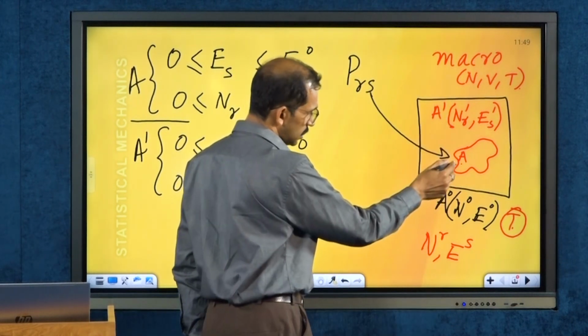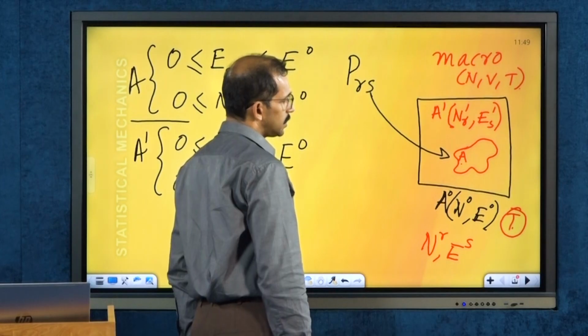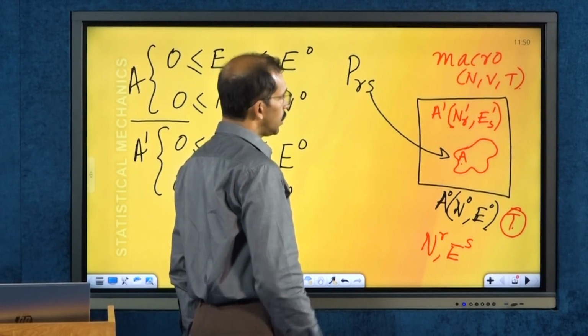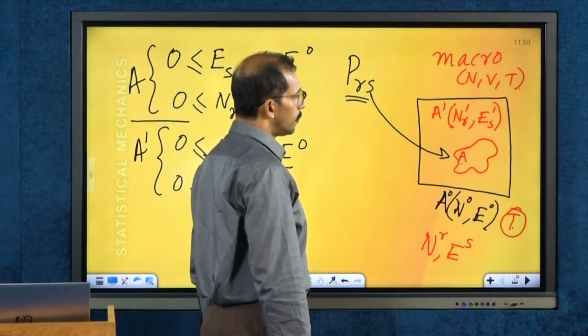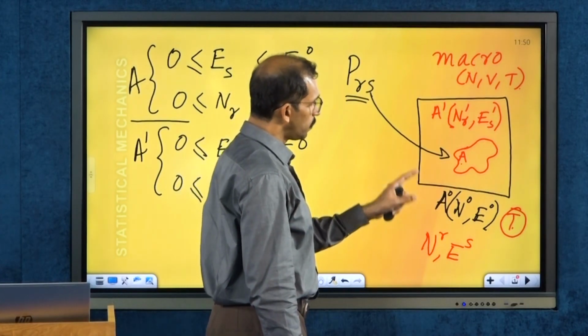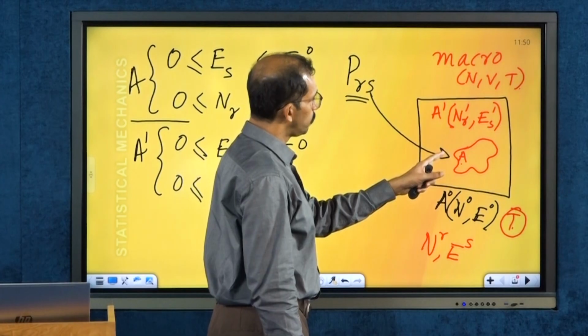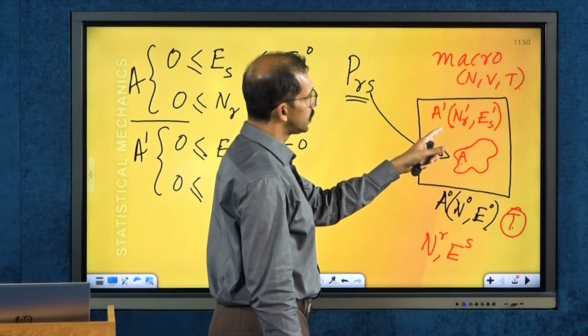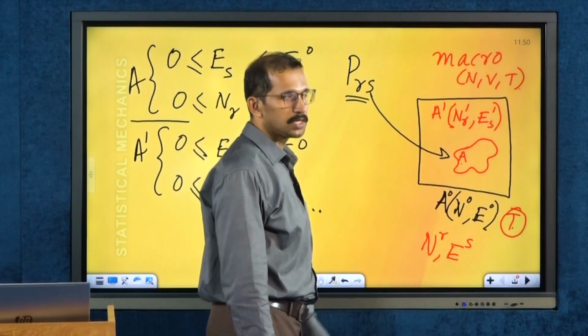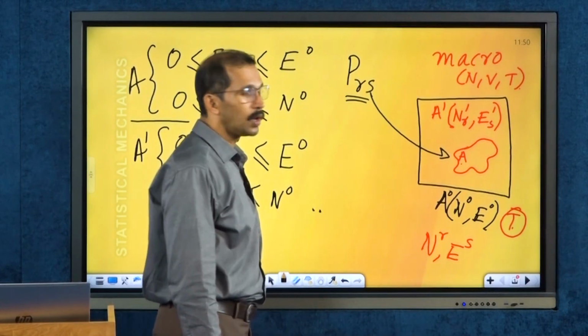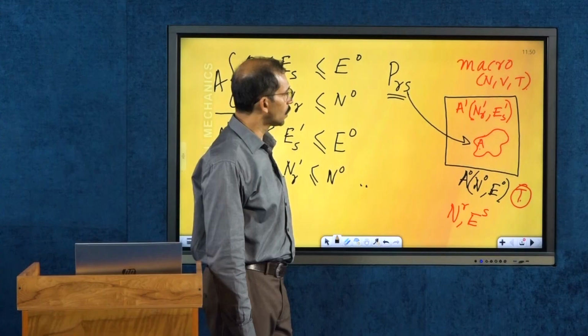Since this is a very small area, the chance of getting error in the P_RS will be more, and therefore it would be safer for me to take, instead of P_RS, P dash RS, which corresponds to the volume A dash.